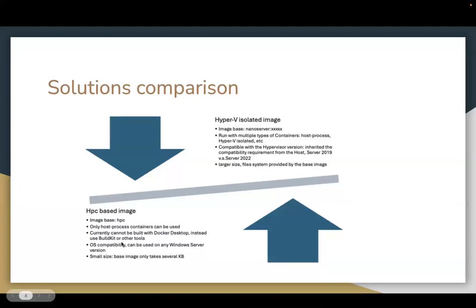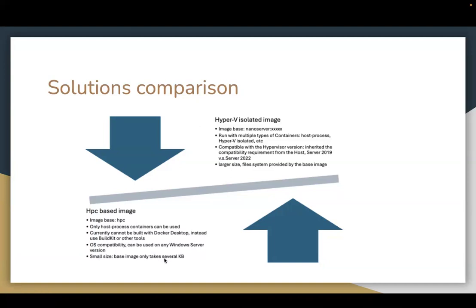And the fourth is OS compatibility. It is an advantage for the HPC-based image. It means that Antrea agents can be used on any Windows Server versions. So in future, we don't need to think about bumping up the agent base when we upgrade the Windows Node operating system versions. And the last feature is the smaller size.